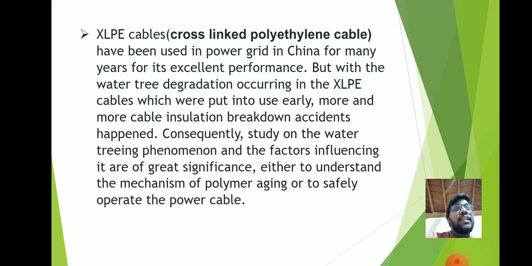But with the water tree degradation occurring in the XLPE cables which were put into use earlier, more and more cable insulation breakdown accidents happened. Consequently, study on the water tree phenomenon and the factors influencing it is of great significance, either to understand the mechanism of polymer aging or to safely operate the power cable.